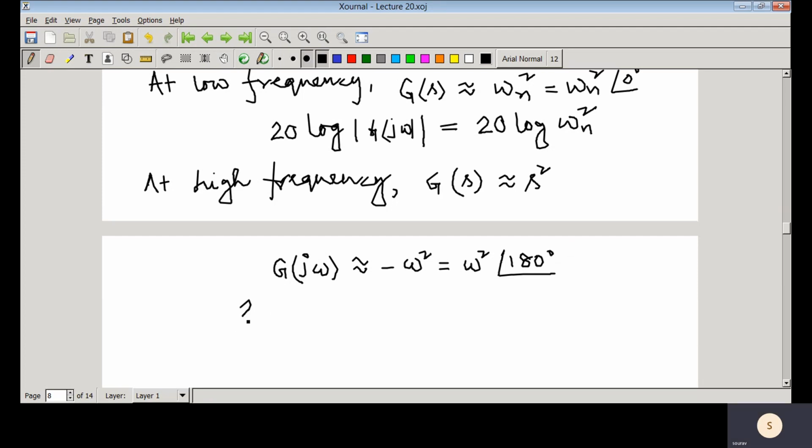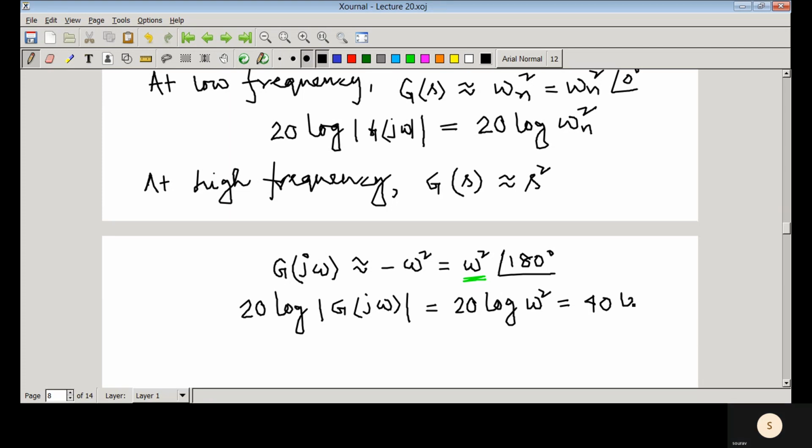And in dB scale, that is 20 log |G(j omega)|, that one would be equal to 20 log omega square. That means this magnitude only, and this is equal to 40 log omega.